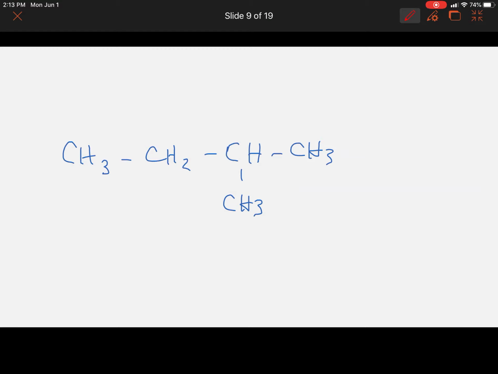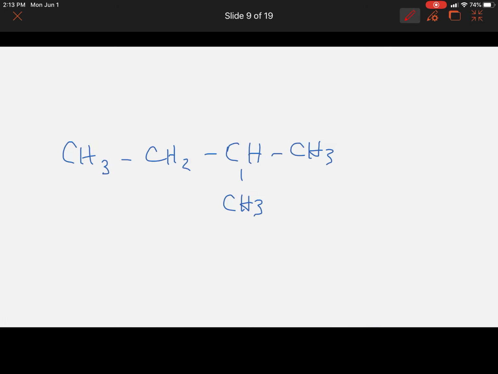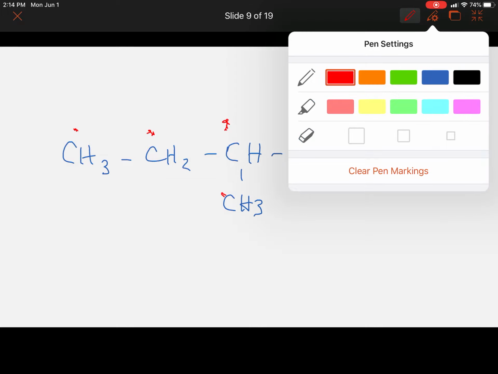Okay, your first step: find the longest continuous carbon chain and name it. So what is the longest continuous carbon chain? You can go 1, 2, 3, 4. You cannot go 1, 2, 3, 4, 5. You can't go backwards like that, okay?